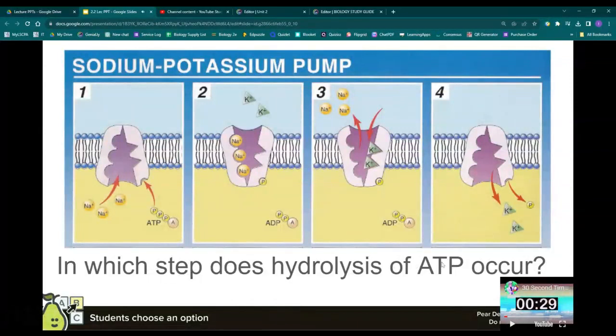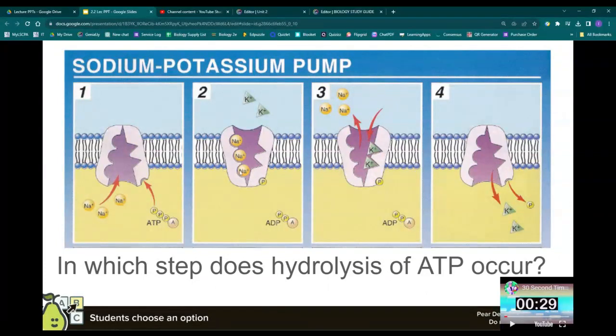So it says, in which step does hydrolysis of ATP occur? ATP is going to join the sodium-potassium pump complex. 3 sodium are really attracted to it, so they join in there. Once that ATP joins, it becomes hydrolyzed, breaking off one of those phosphates, releasing energy and changing the shape of the protein.